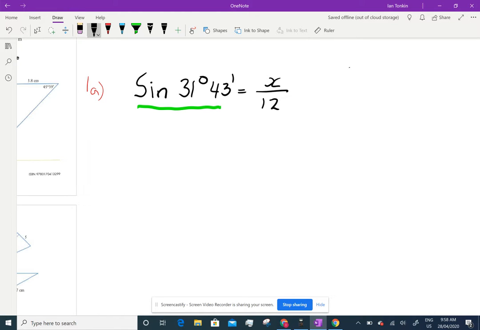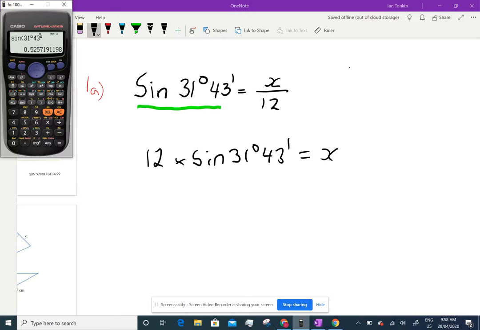So I'm going to multiply that 12 across. I'm going to go 12 times sine 31 degrees, 43 minutes. And that is the most important line of your working because you're showing that you know what you're doing. And then you just jump to your calculator and go 12 times sine 31 degrees and 43 minutes.